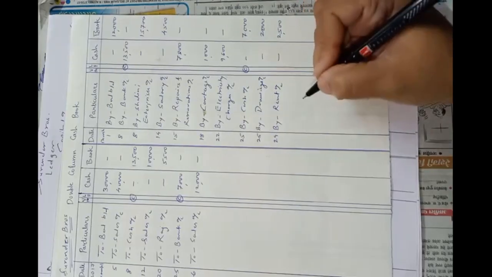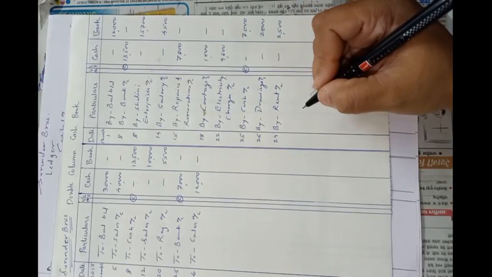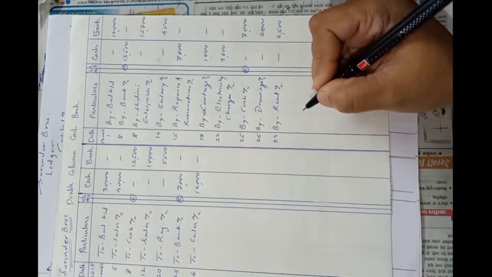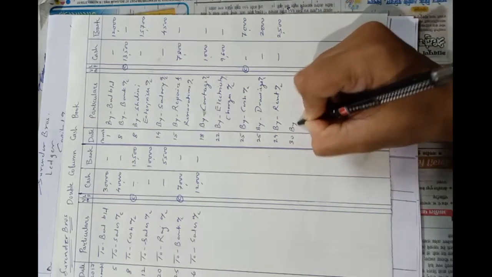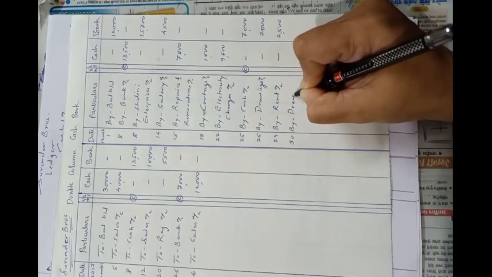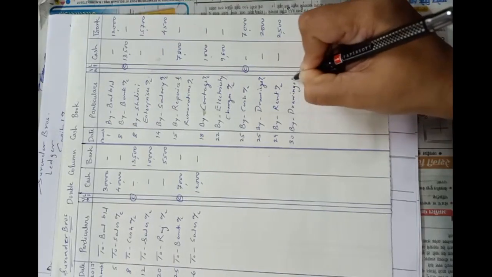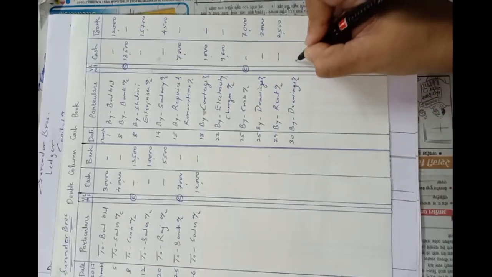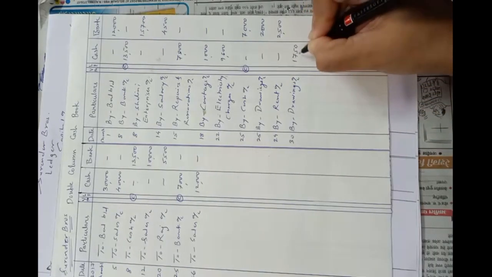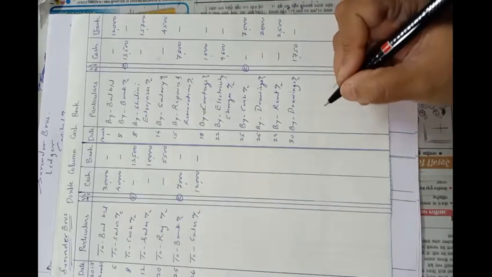Okay, now next entry, on 30th March, withdrawn from business rupees 1750 for personal use, again entry of drawings. By drawings account, in cash column 1750, dash in bank column.